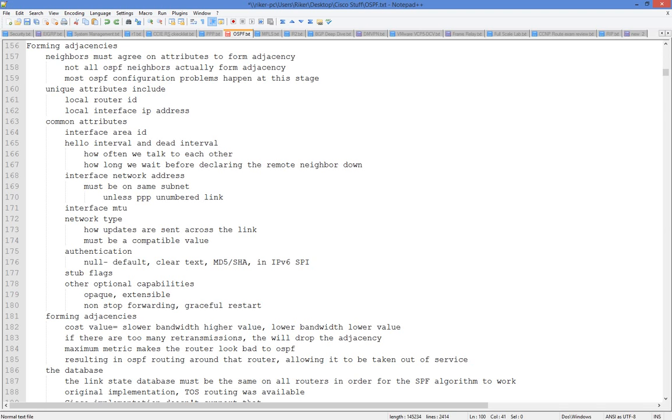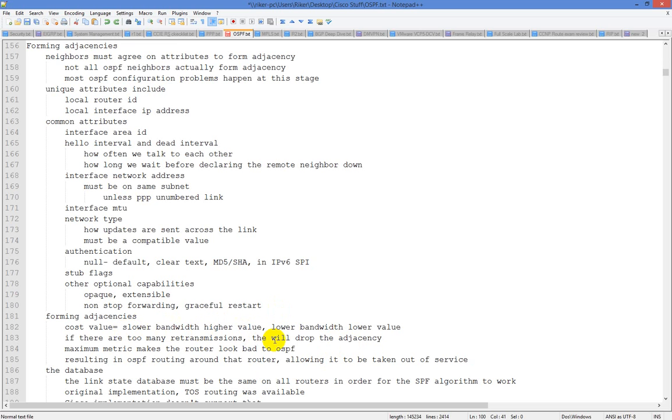So the way that forming adjacencies breaks down at the end of the day is a cost value. Lower bandwidth equals a higher value. I'm sorry, I totally had that backwards.